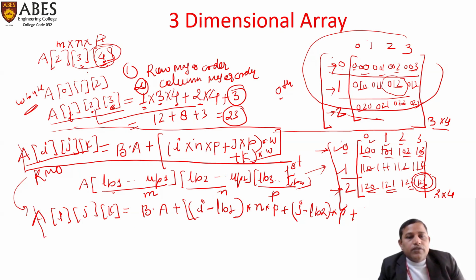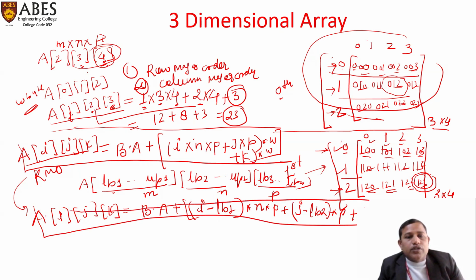So this is the final formula to calculate the address of any location in a three-dimensional array in row measure order.